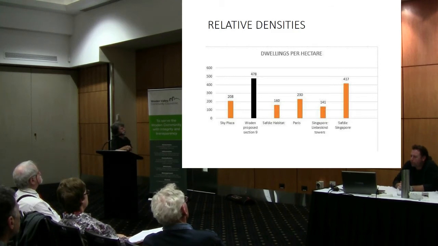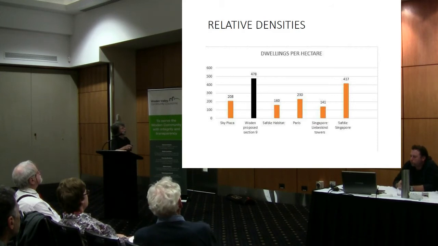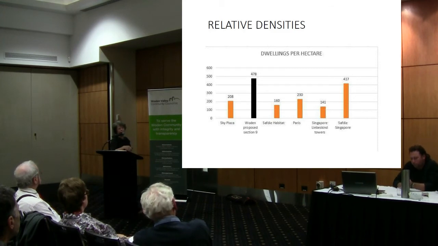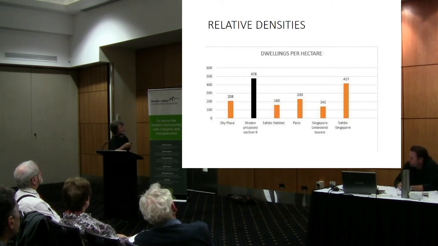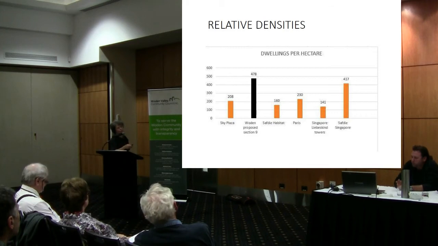The highest density in China, the Singapore development, the 38-story one, has got 417. And here is the one proposed for Section 9. So obviously, if the negative space, the space between the buildings, would have been considered, we might have got somewhere else.